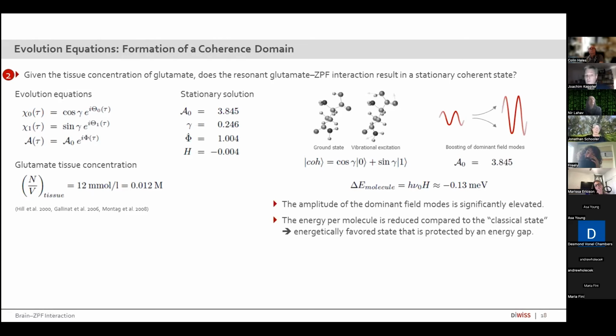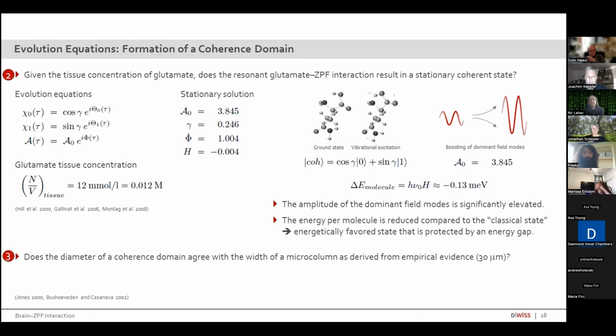Many of these concentrations do not result in stationary solutions, so it's very specific that the glutamate concentration in neuronal tissue is around 12 millimole, and this is a value that balances this evolution, and so it leads to a stationary coherent state.